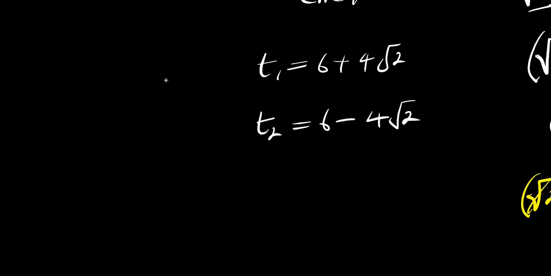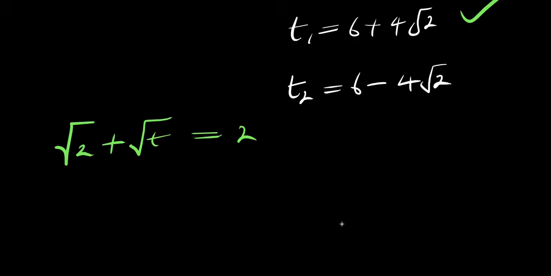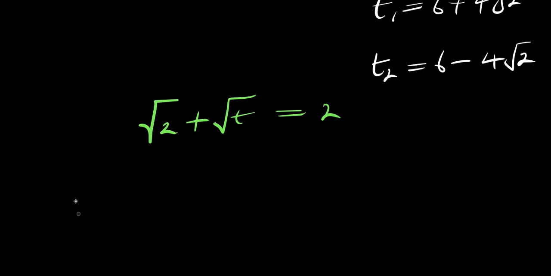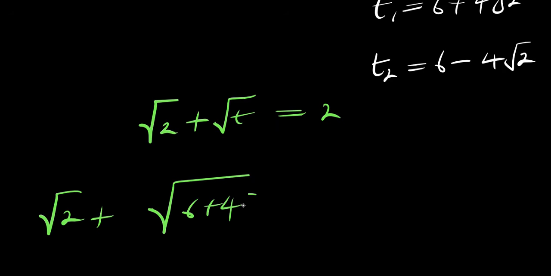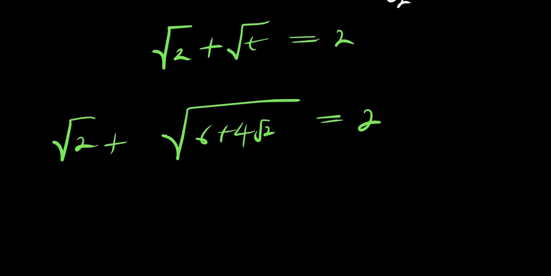We are going to test them using the original equation, which is square root of 2 plus square root of t equals 2. Let's start with this one here. We have square root of 2 plus square root of 6 plus 4 root 2 equals 2. Square root of 2 will give you a number greater than 1 but less than 2, while this will give you a number greater than 3, since it is 5 point something.